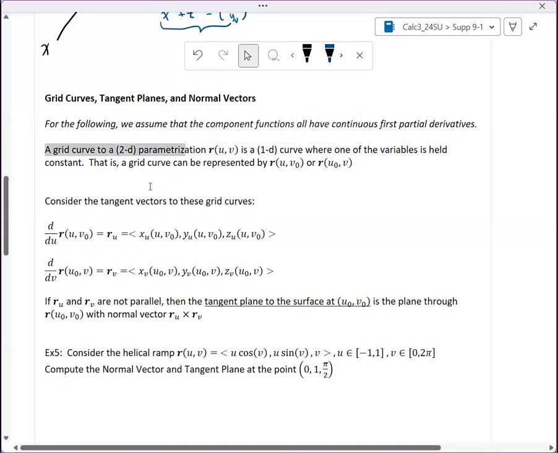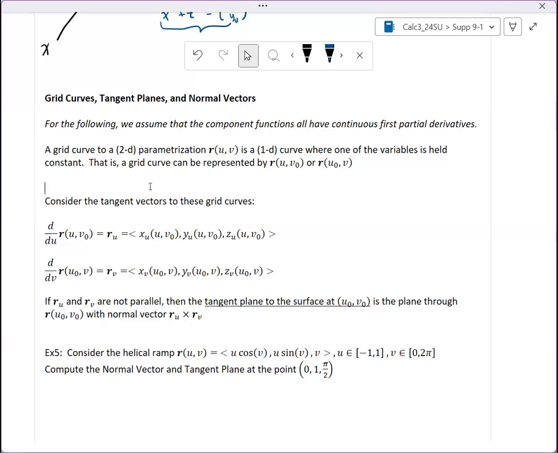So we say that a grid curve to a 2D parameterization is a 1D curve where one of the variables is held constant.